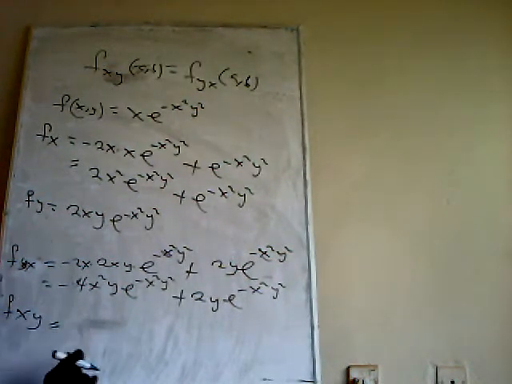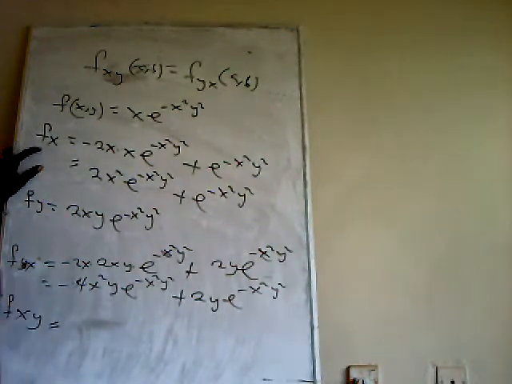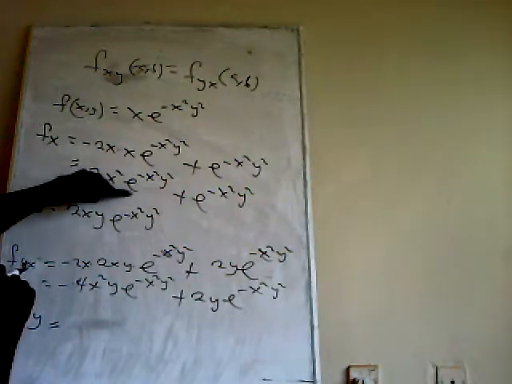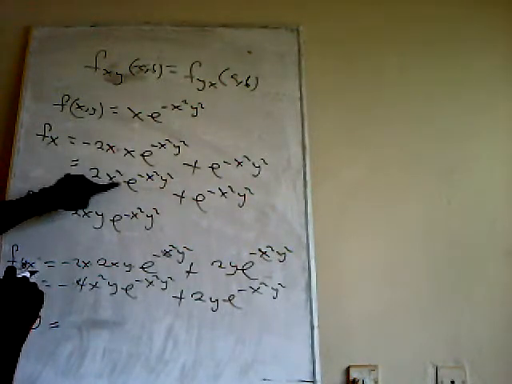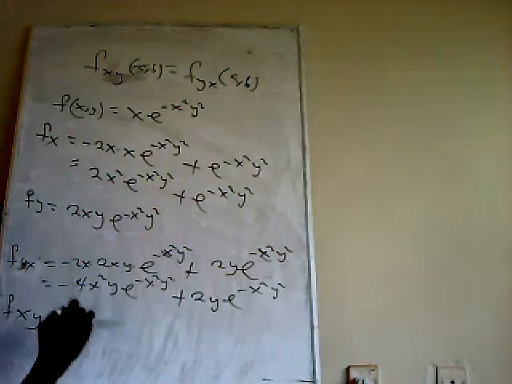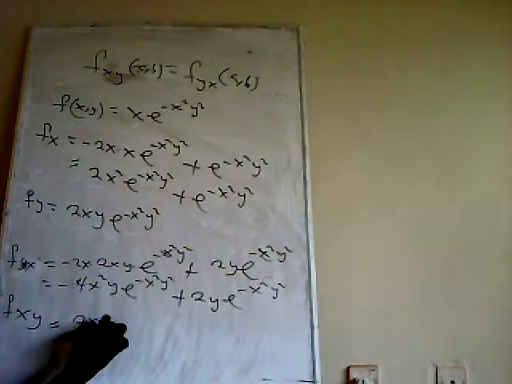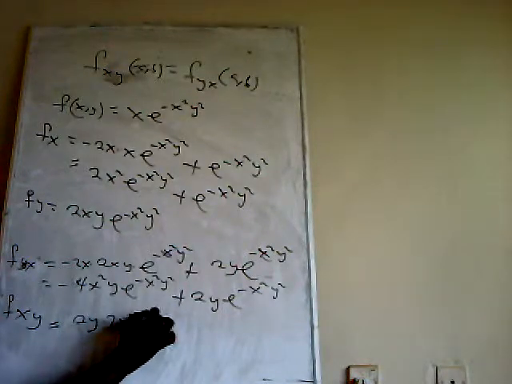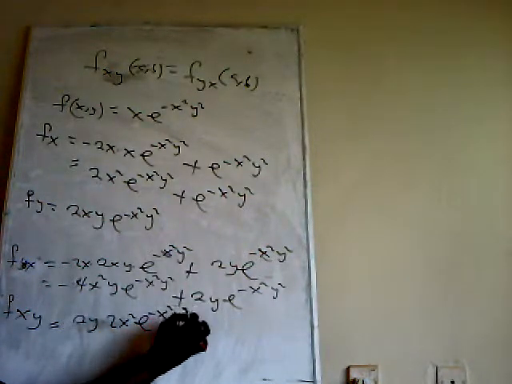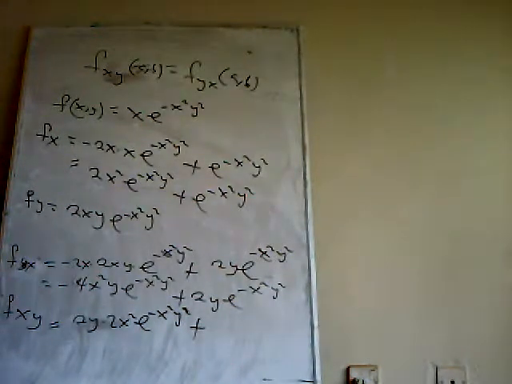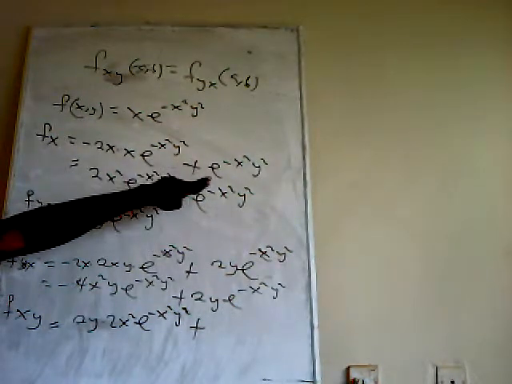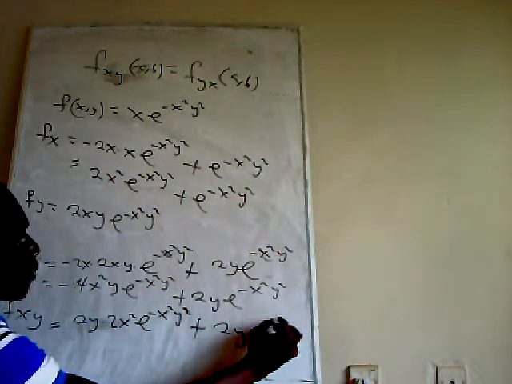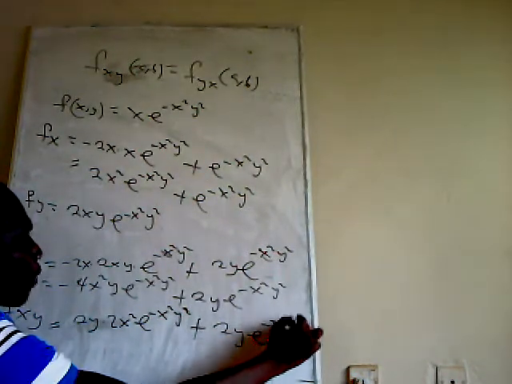Sorry, I'm differentiating this with respect to y. So with respect to y, this one here goes straight away, there is no y here. There is y there, so y is going to come forward. So I'm going to get 2y times minus 2x squared e to the minus x squared y squared, plus differentiate this with respect to y, and it's going to give you 2y e to the minus x squared y squared.